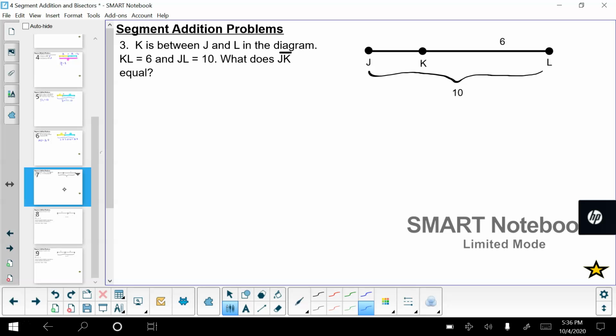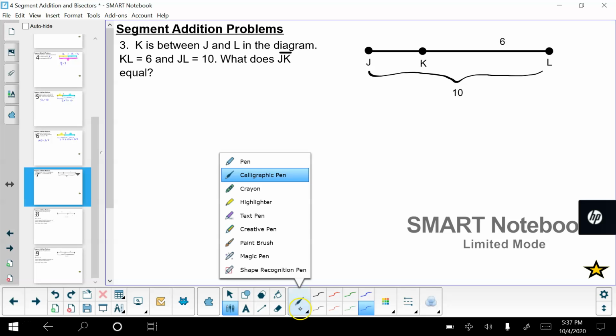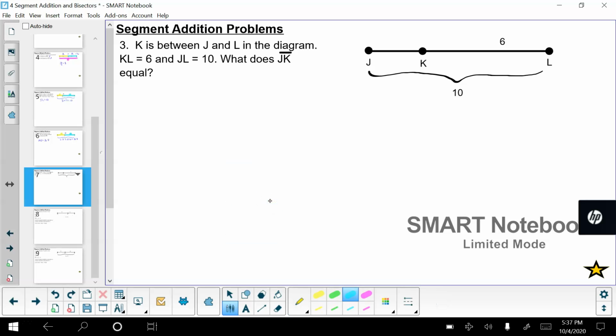Let's look at question number 3. It says K is between J and L, as shown in the diagram, and it's showing us that line segment KL is equal to 6, but this time instead of giving us the other smaller line segment JK, it's telling us that the whole line segment J to L is equal to 10, and it wants us to figure out what line segment JK equals.